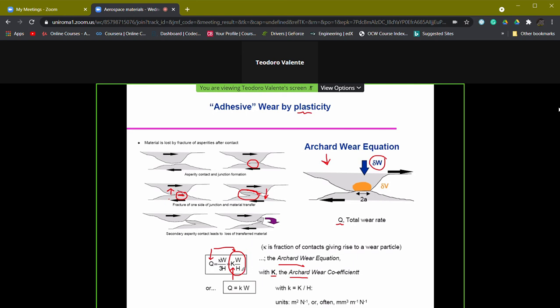So we said we can increase hardness in order to reduce the severity of adhesive wear, but we can do another thing. Since the basis of this kind of phenomenon is the fact that both surfaces have a metallic behavior, one possibility is to reduce the metallic characteristics of the surface.